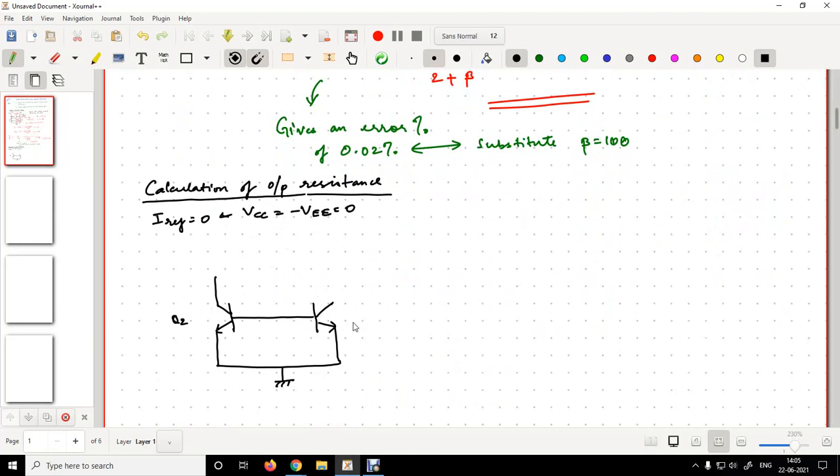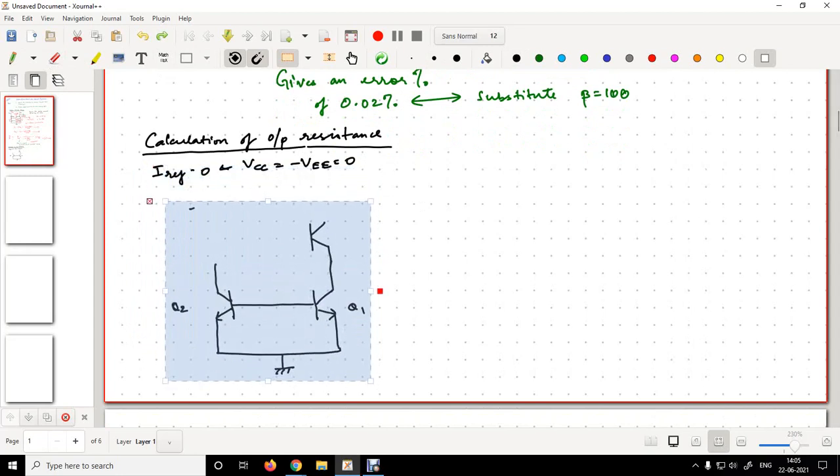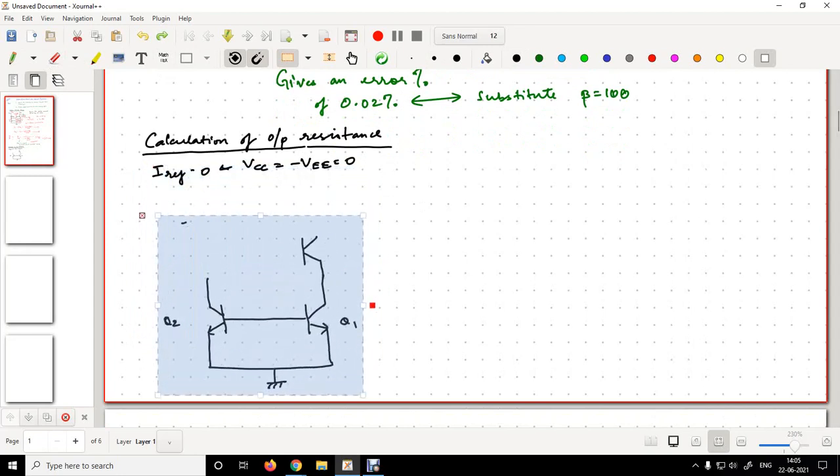Okay, so this is Q1, Q2, then here you have another transistor.